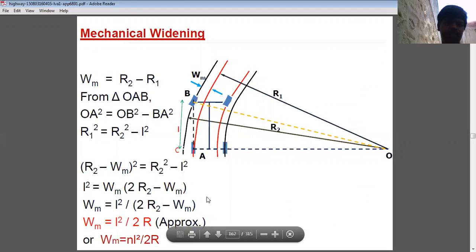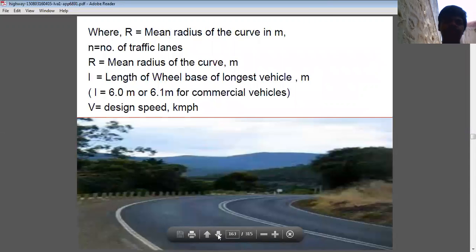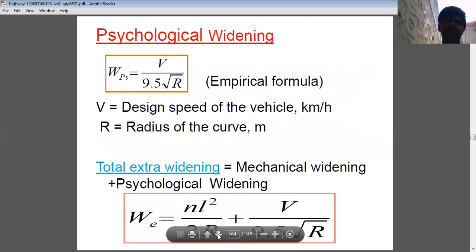We get the formula: mechanical widening Wm equals L square divided by 2R, or n L square divided by 2R, where n is the number of lanes and L is the length of the wheelbase. Psychological widening Wps equals V divided by 9.5 root R, where V is the design speed in kilometers per hour and R is the radius of the curve in meters.